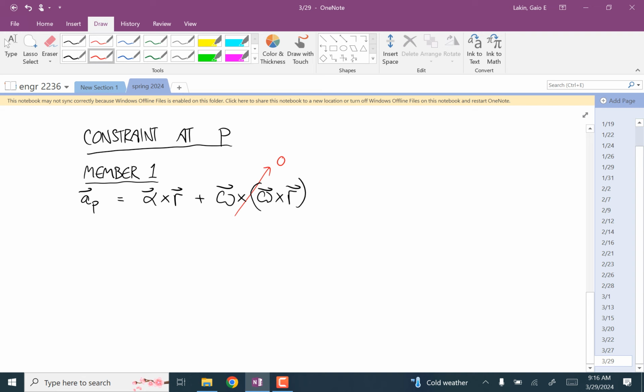We're assuming this is at rest at this instant, starting from rest, so the centripetal acceleration term goes away because the omegas go away.